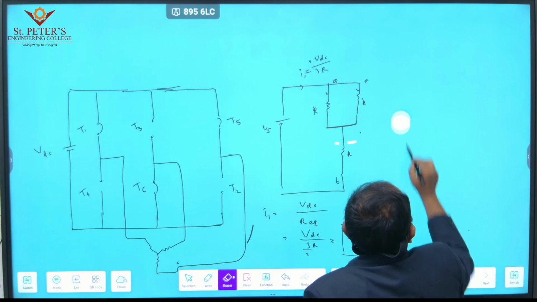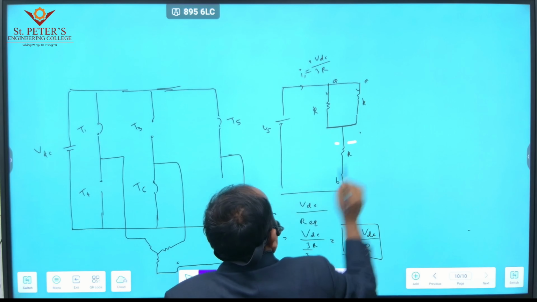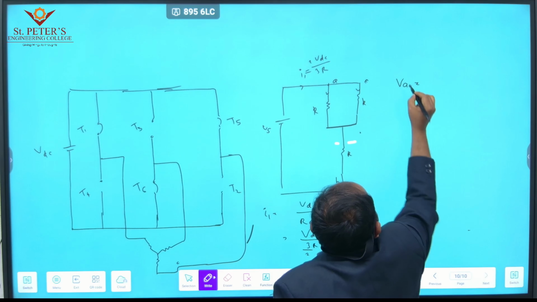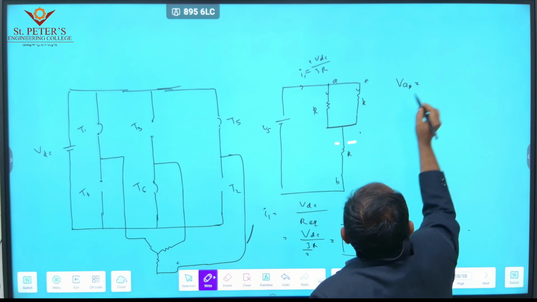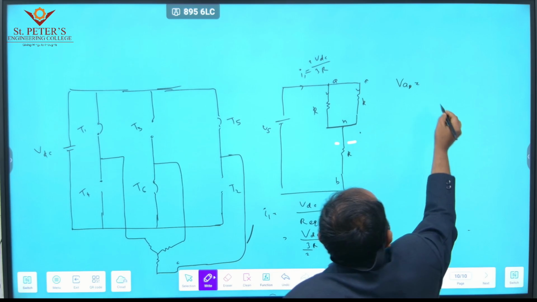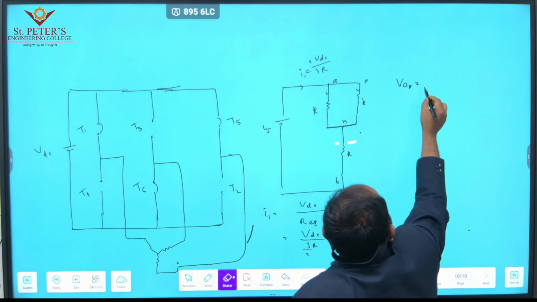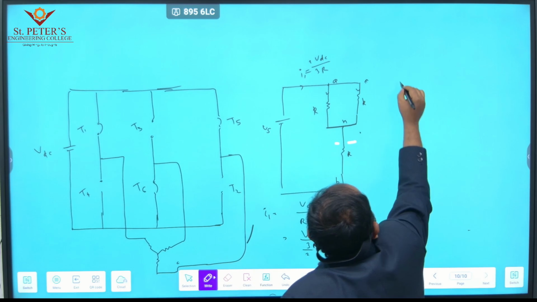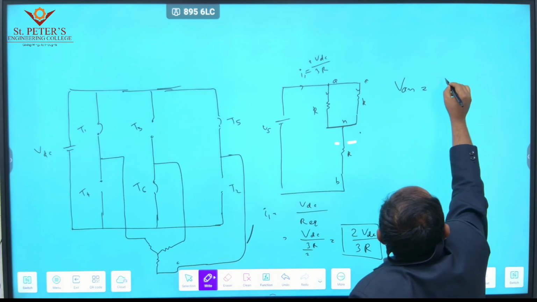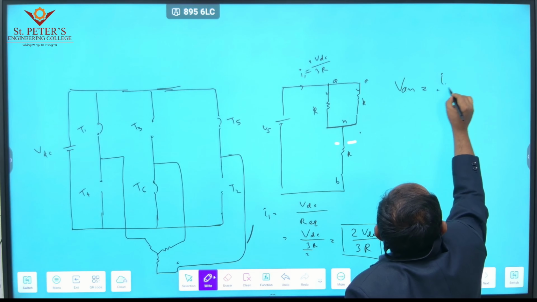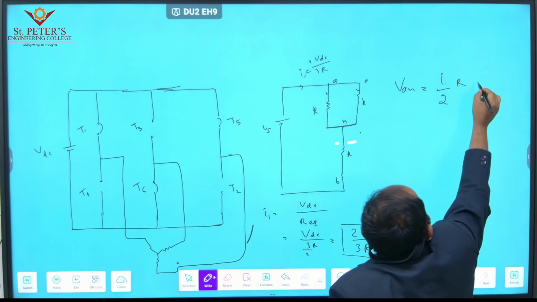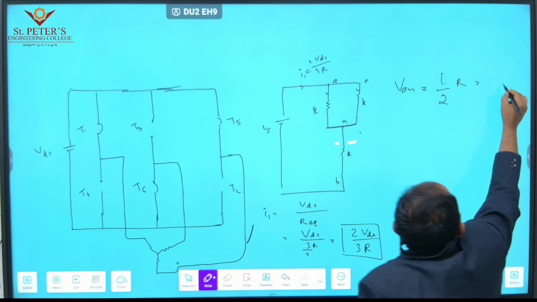Voltage across each phase, that is VAN. Okay, so this terminal is neutral. VAN is nothing but current into resistance R. That is again equal to VCN.